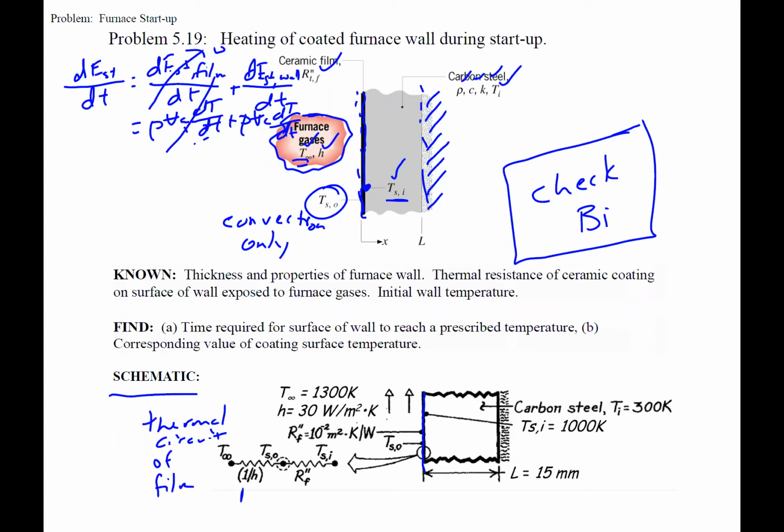That means there's the resistance of convection and then our film resistance. Then this gets us to the temperature at the inner surface of the wall. So we need to relate from here to here on the heat going into that steel wall.